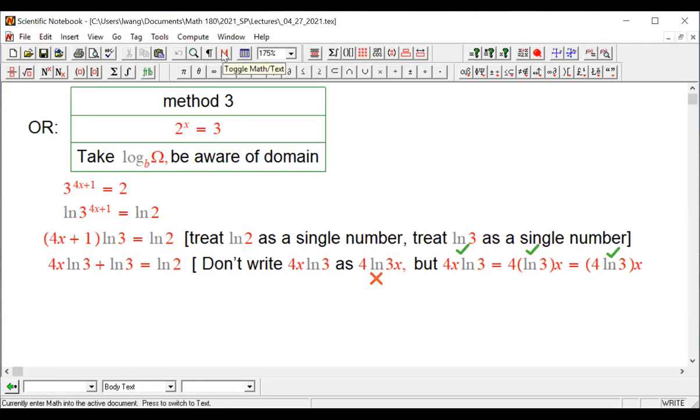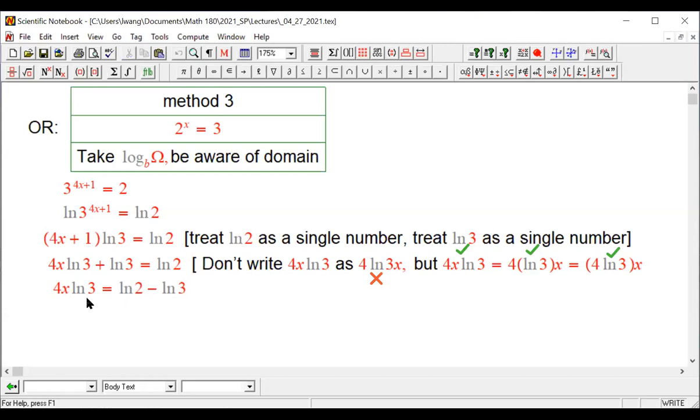I'm still going to write 4x ln 3 equals ln 2 minus ln 3. We subtracted ln 2, subtracted natural log 3 on both sides. So one number subtracting another number.